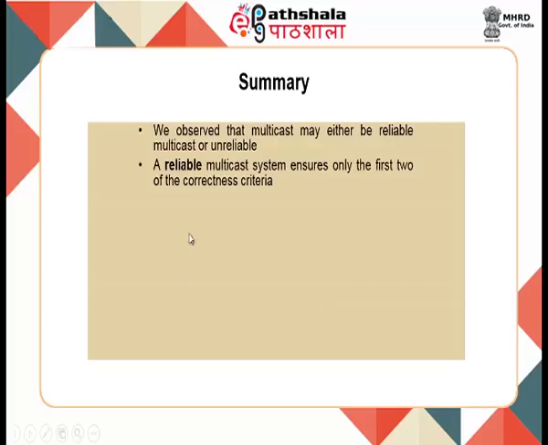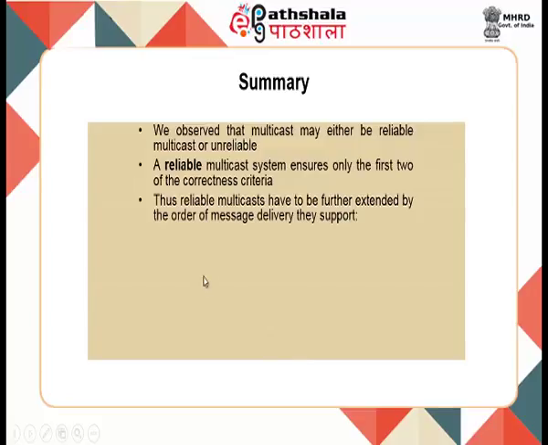A reliable multicast must ensure that only the first two correctness criteria are maintained, that the message will be received by everybody and in an uncorrupted form. Therefore, the reliable multicast must be further extended for ordering of the messages to make it a correct reliable multicast.